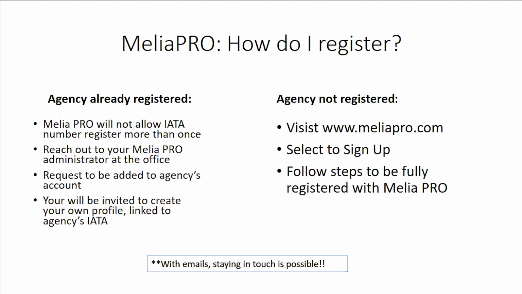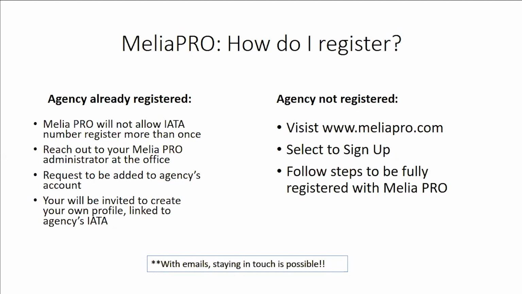If your agency is already registered, because Melia Pro will not allow the same IATA number to be registered more than once, there is a process behind it. You will then have to reach out to your Melia Pro administrator at the office, and that Melia Pro administrator will add you to the agency's profile or to the agency's account.